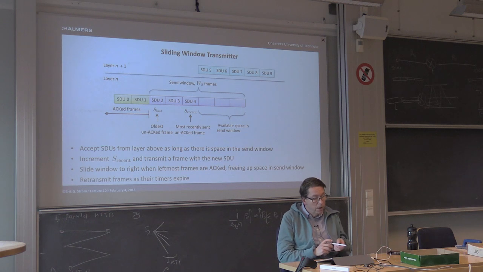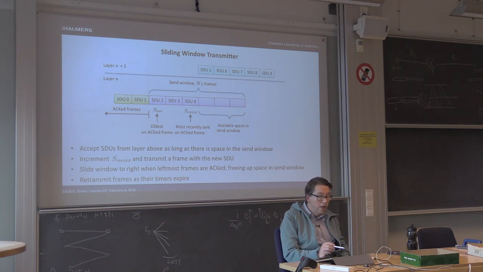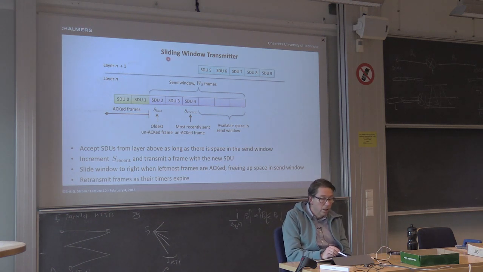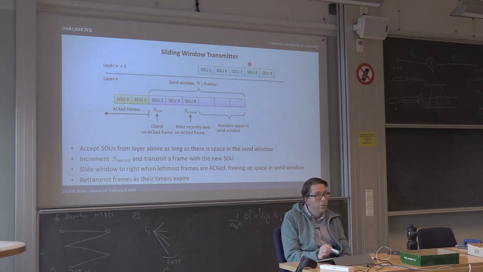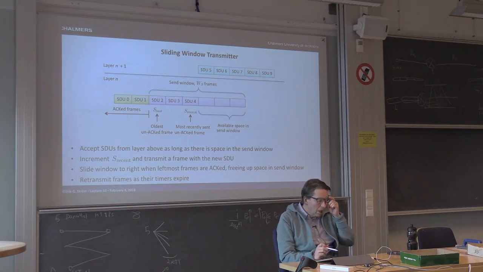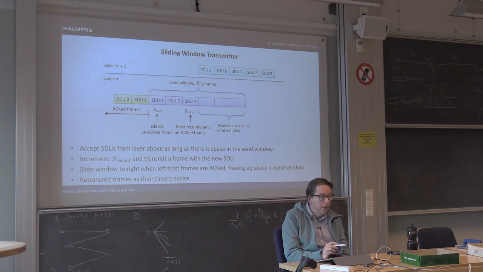The standard method to do that is to use a sliding window transmitter. Remember, what we would like to do is to provide a service from layer n to layer n+1. Layer n+1 has a number of service data units that it needs to transmit: 0, 1, 2, 3, 4, etc.